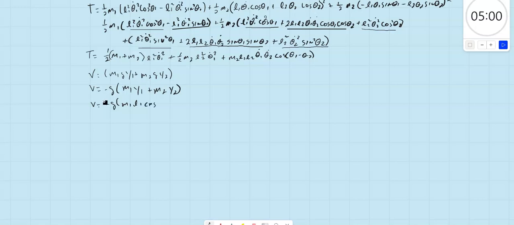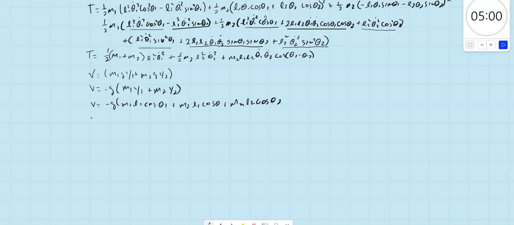M1L1 cosine theta 1 plus M2L1 cosine theta 1 plus M2L2 cosine theta 2.